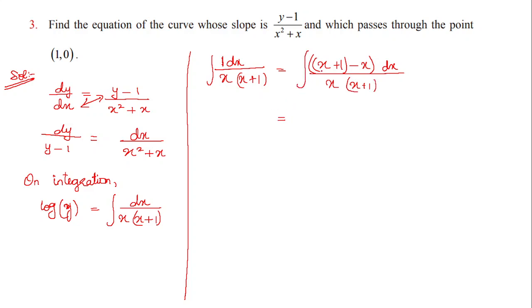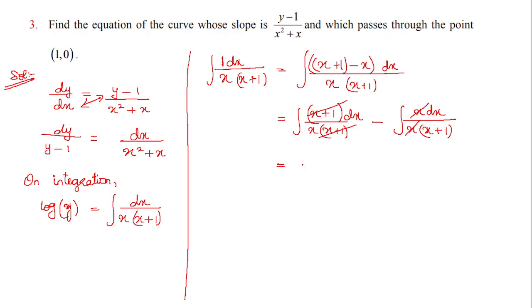Now we separate the numerator: integral of (x plus 1) dx divided by x into (x plus 1), minus integral of x dx divided by x into (x plus 1). Here x plus 1 cancels, and here x and x get cancelled.